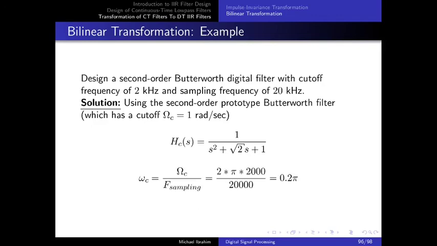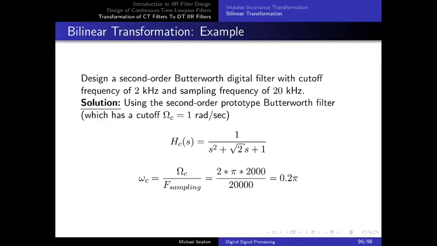Next, we need to find the cutoff frequency of the digital filter, which is equal to capital omega c over the sampling frequency, 2 pi times 2k over 20k, which gives us 0.2 pi. So the objective is to design a digital filter whose cutoff frequency is 0.2 pi.